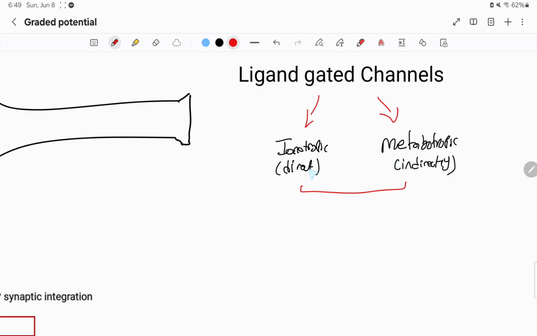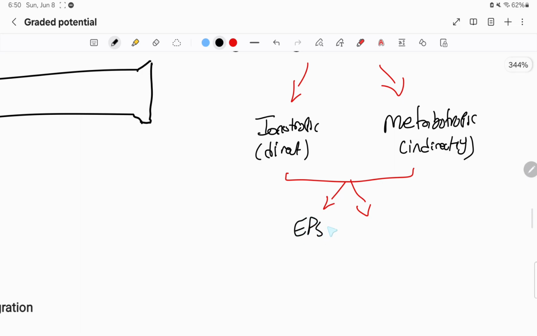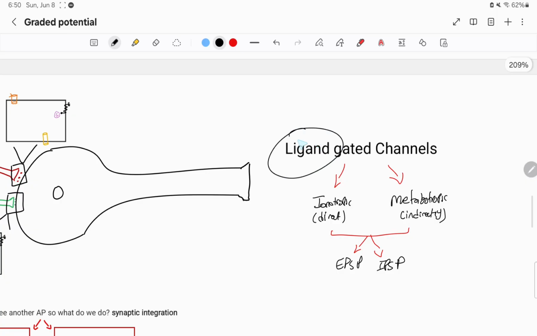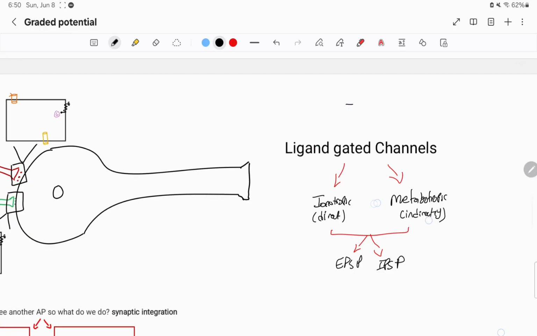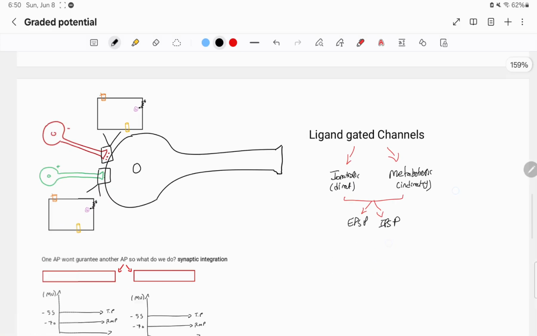You can have an ionotropic channel or a metabotropic channel, and both of these are capable of causing an EPSP or IPSP, depending on the ligand, the neurotransmitter, that they bind. Great.